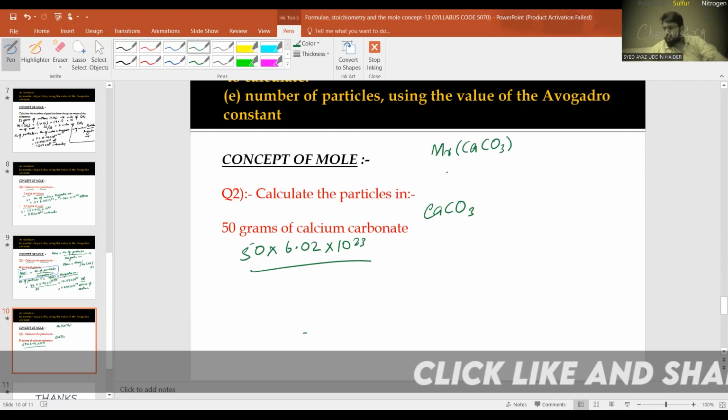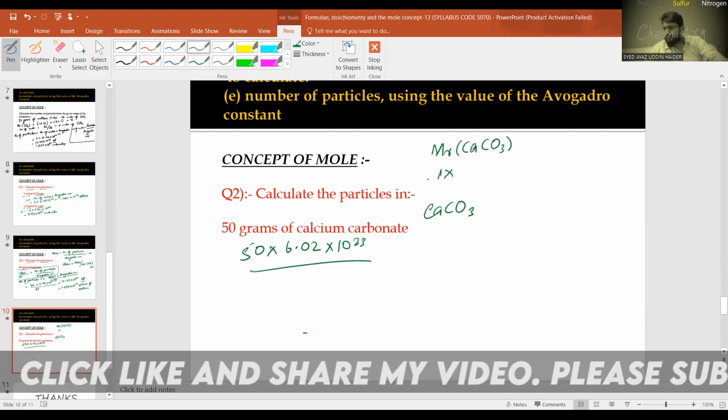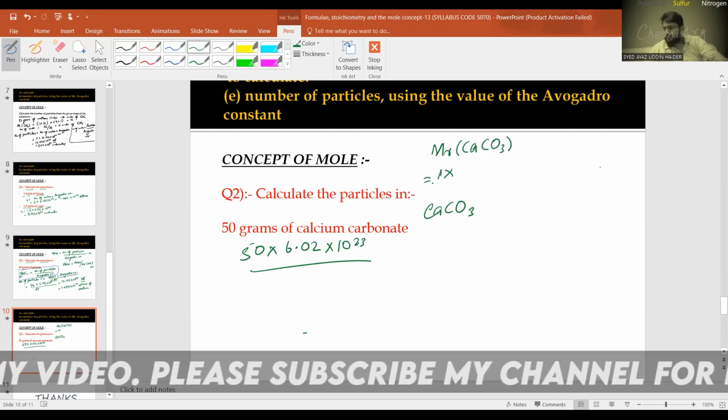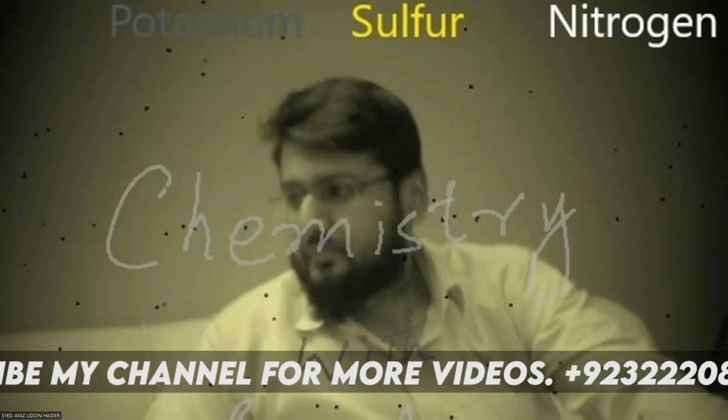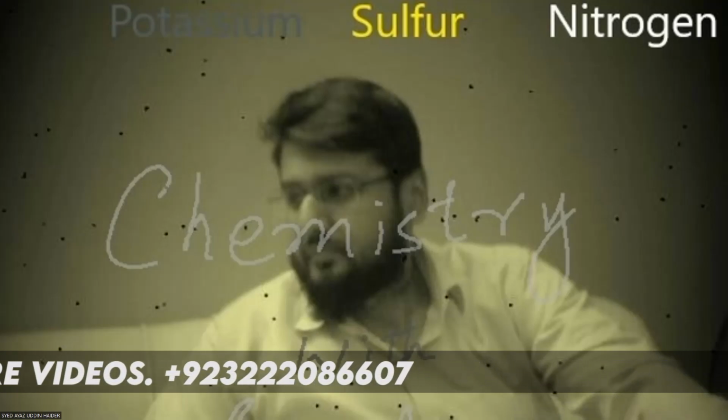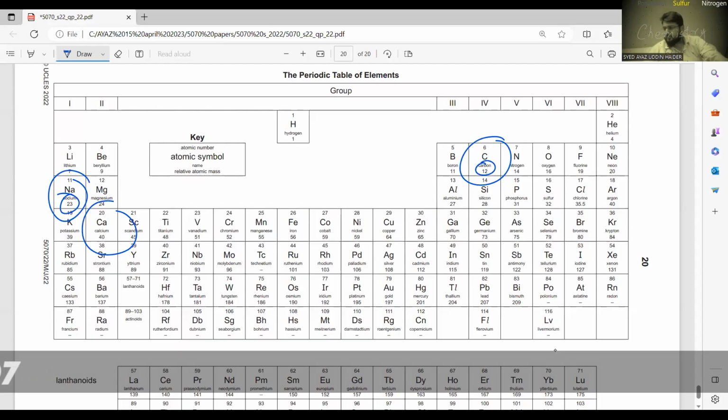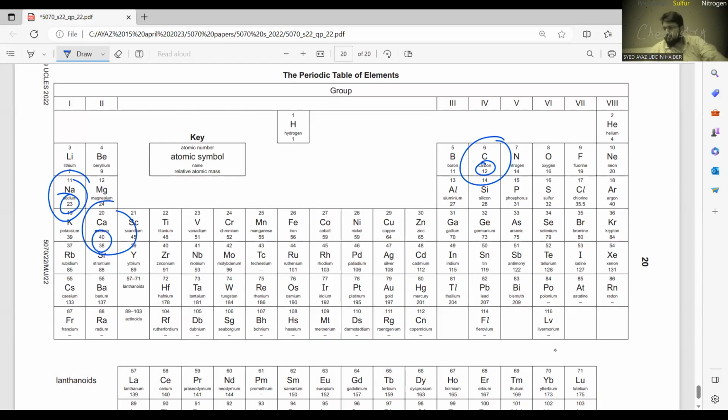So MR of calcium carbonate, CaCO3. We have one calcium atom, so I will multiply 1 by AR of calcium. Here it is calcium and AR of calcium is 40. We have carbon, AR of carbon is 12. We have oxygen, AR of oxygen is 16.